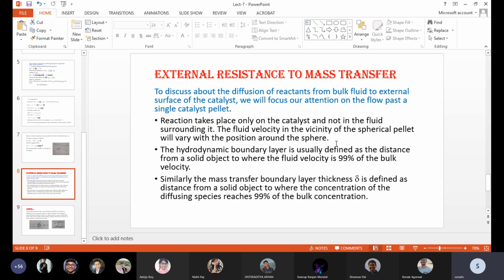In a similar way we consider the concentration boundary layer. Similarly, the mass transfer boundary layer thickness delta is defined as the distance from a solid object where the concentration of the diffusing species reaches 99% of the bulk concentration. This way we have taken the delta thickness. You had just asked about the thickness of delta, no? So, this way we can measure.